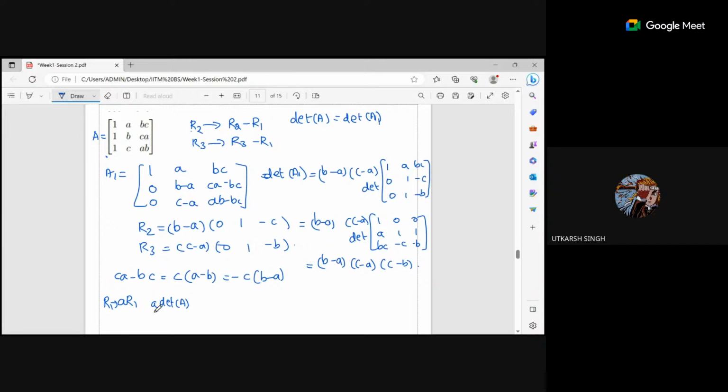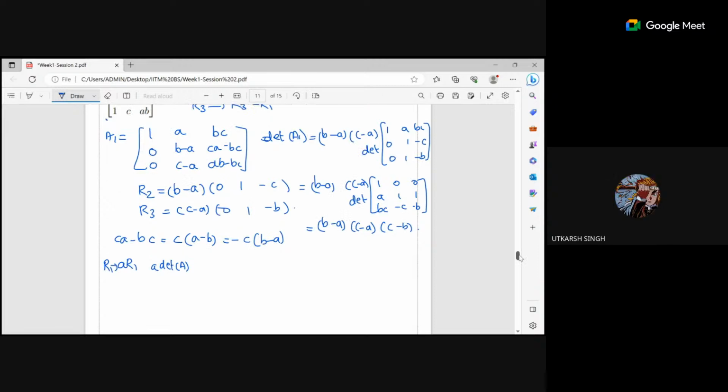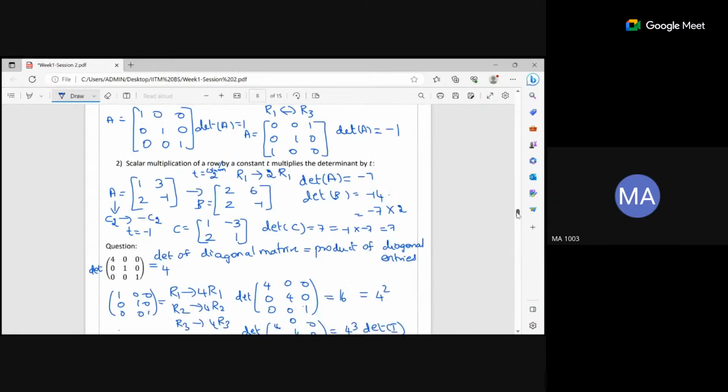We have to multiply the whole determinant with 1 by A, not A. Then what happens to this property here? Scalar multiplication of a row by a constant t multiplies the determinant by t, not 1 by t, right? Yes, ma'am. That's why we have to divide, actually.